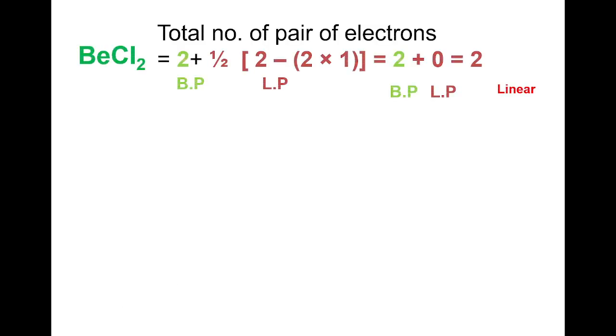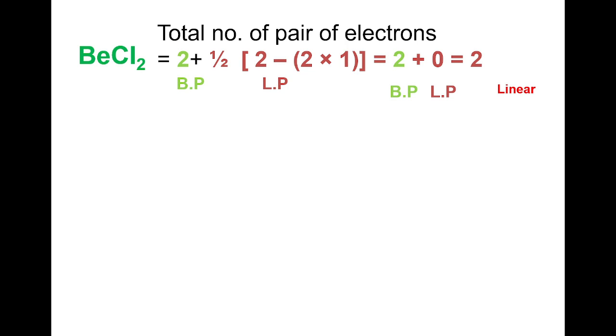So first we will discuss beryllium chloride. Here beryllium is the central atom and 2 chlorines are surrounding it. So bond pair is the total number of surrounding atoms, 2, plus half of 2, the outermost electrons present in beryllium, minus 2, the number of surrounding atoms, that is chlorine, into the valency of chlorine, 1.